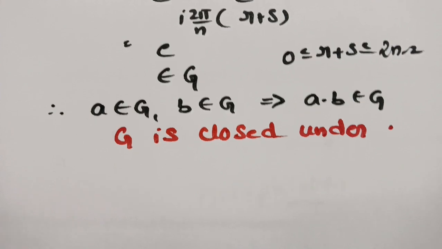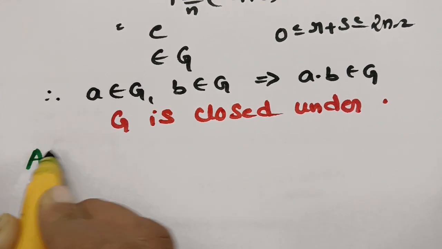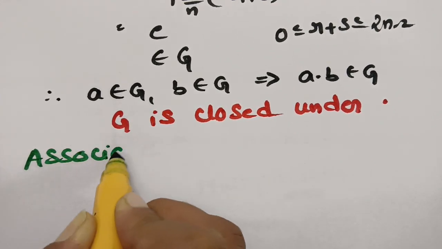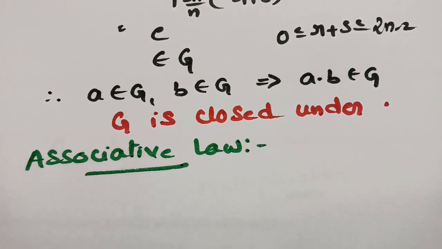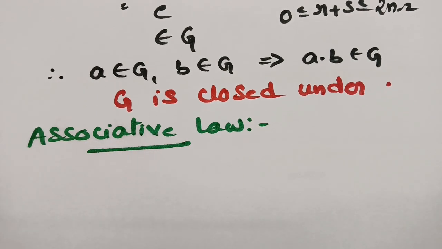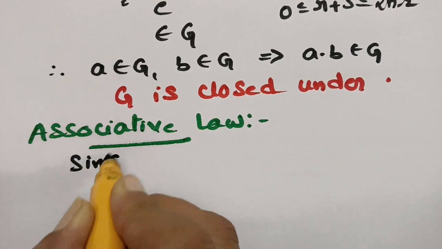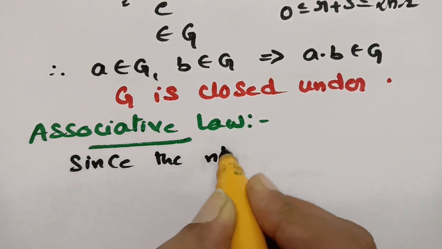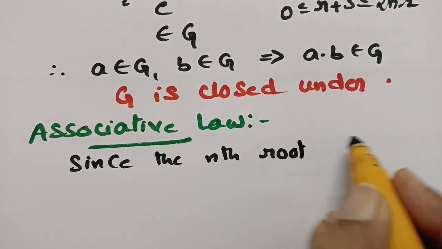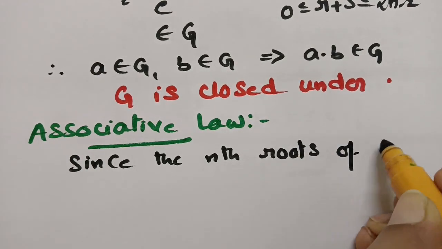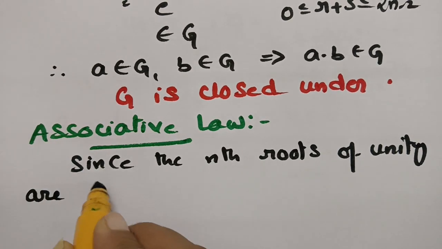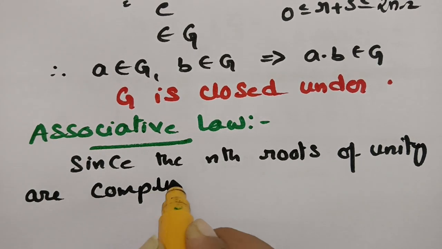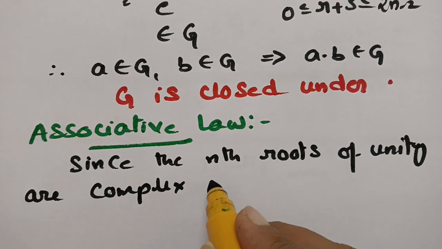And the next one, what we have to show? Associative property. So in this associative law, we say that since the nth roots of unity are complex numbers, so these are all the complex numbers, 1 plus I into 0.